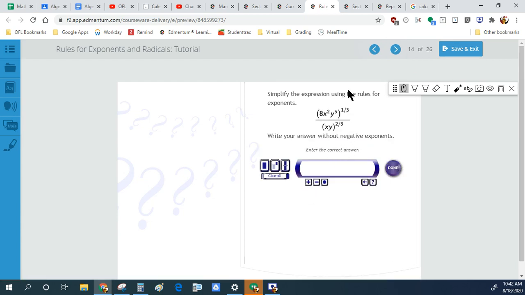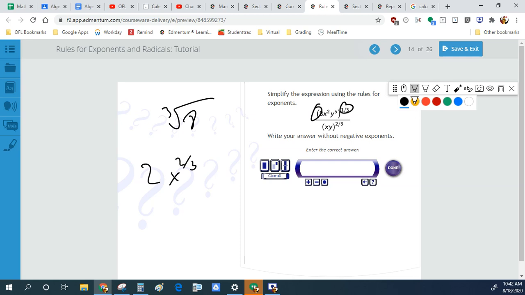So we're going to do some more of these. I'm going to try to do this real quick. So this is the cube root of 8. I already have this memorized, guys. I know that this is 2. Then we're going to do x to the 2/3, y to the 5/3.